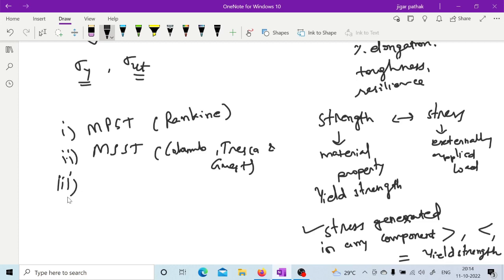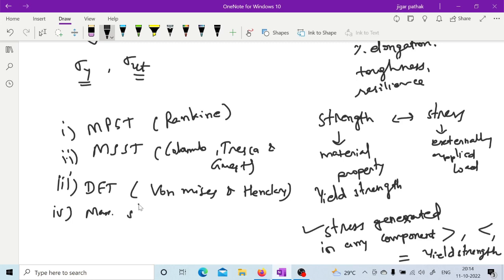These are the scientists who invented these theories. The distortion energy theory is von Mises and Hencky. Then the maximum strain theory is from Saint Venant, then the maximum total strain energy theory.